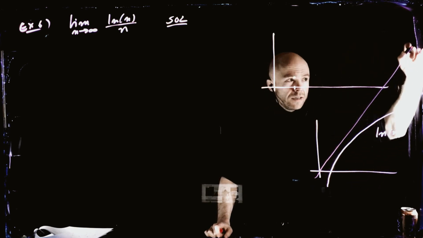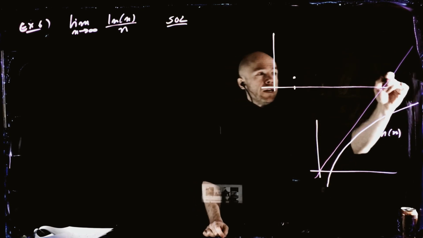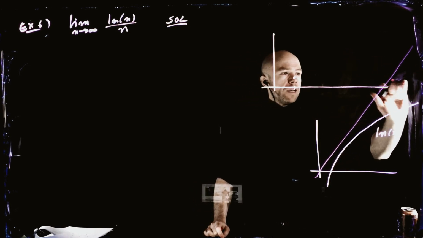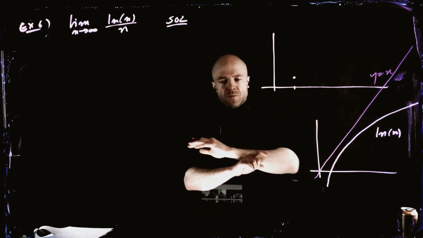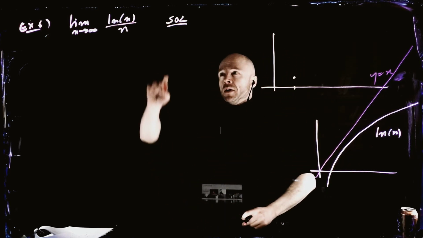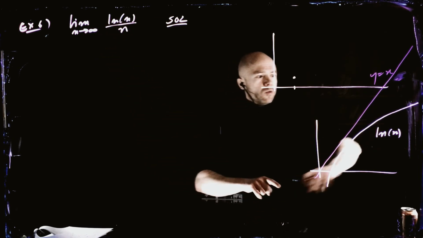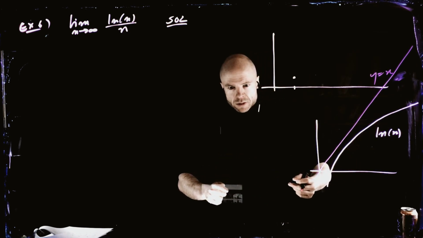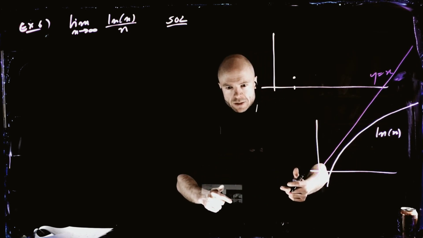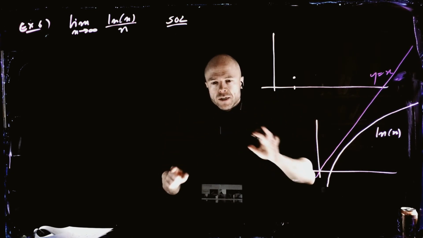So if we consider the competition between who grows faster, log and x, y equals x, let's write it this way, that's a complete mismatch, right? Log is so much more slowly growing than x that when we consider the ratio of the two, it's going to go to 0. Yeah? That's how I want you to know the answer before applying any rules, before applying any technology.